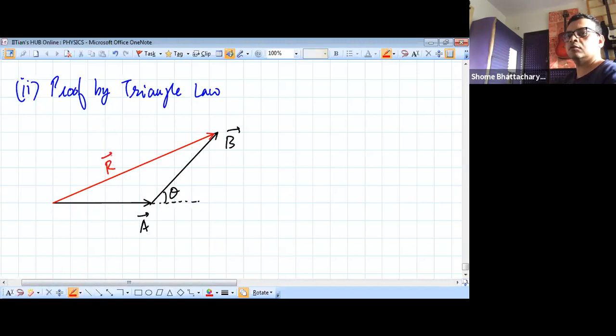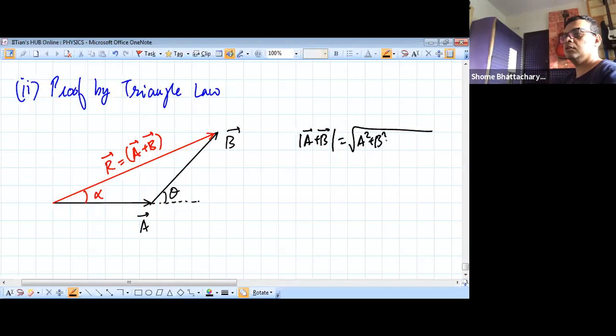And the resultant will be A plus B. Now the general formula that we had seen earlier was that the magnitude of A plus B is that terribly lengthy term, square root of A square plus B square plus 2AB cos theta, and tan alpha is B sin theta upon A plus B cos theta.